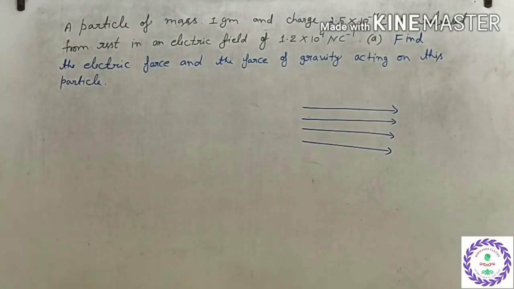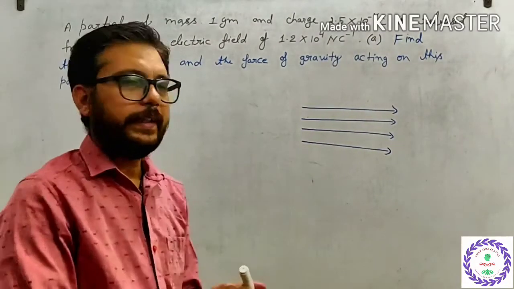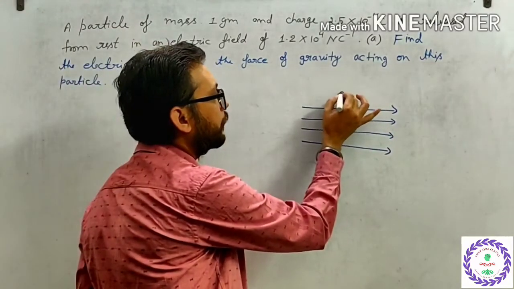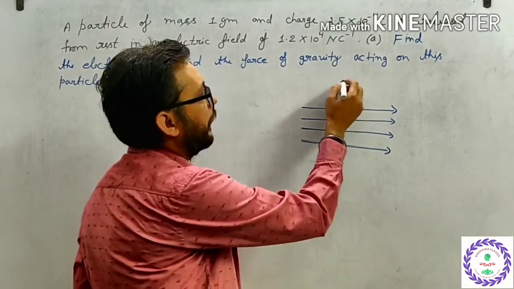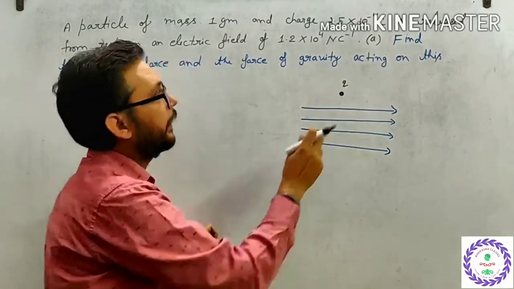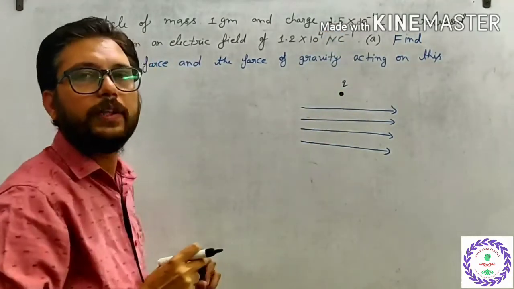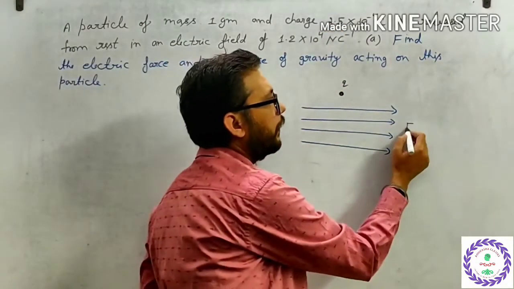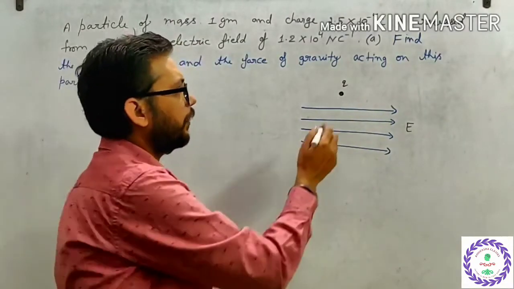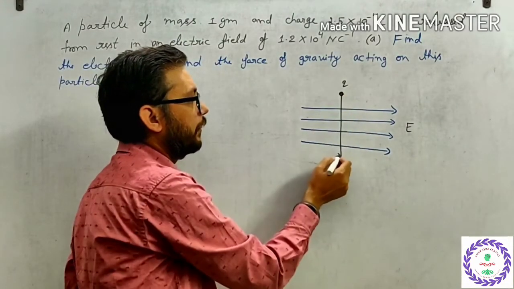If we take a particle like this, it has charge, suppose q, and q is 2.5 into 10 power minus 4. This is the electric field E, and the particle is released this way.